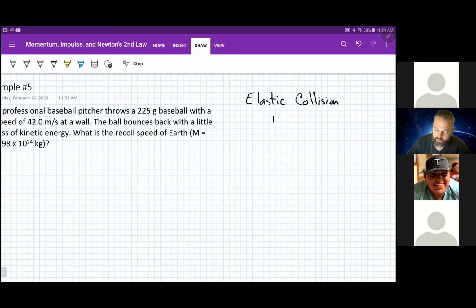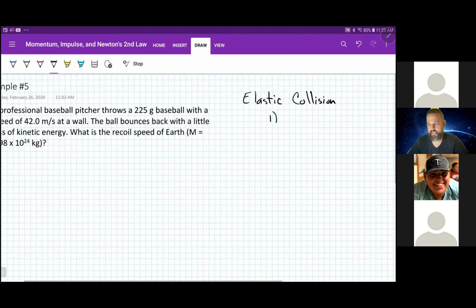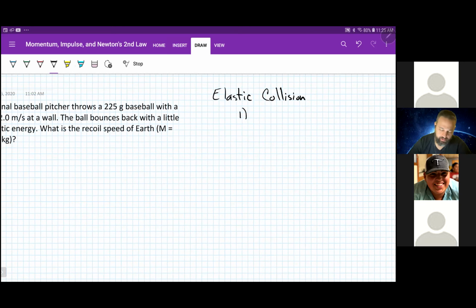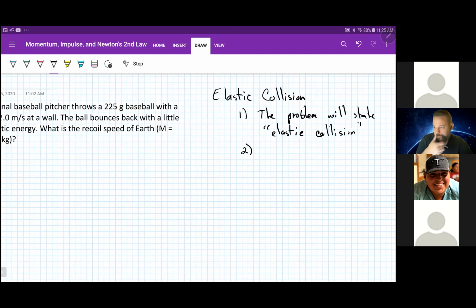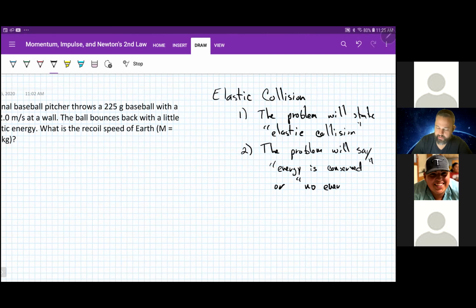An elastic collision, I said this on Wednesday, but I'm going to repeat it here. An elastic collision will either say it's elastic, or the problem will say energy is conserved, or no energy loss or something like that.